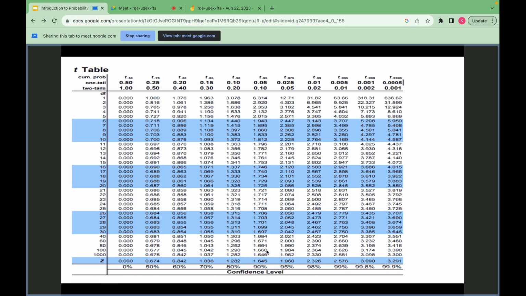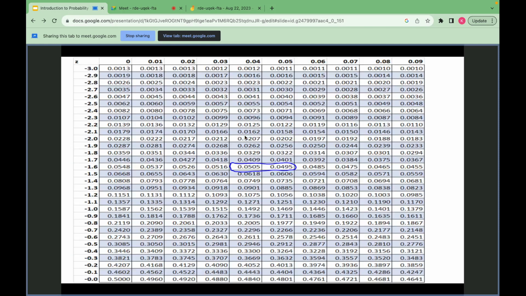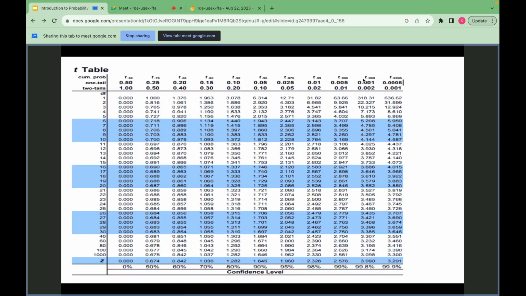For 100 it is 1.66, for 40 it is around 1.684, and for 3 it is around 2.353.